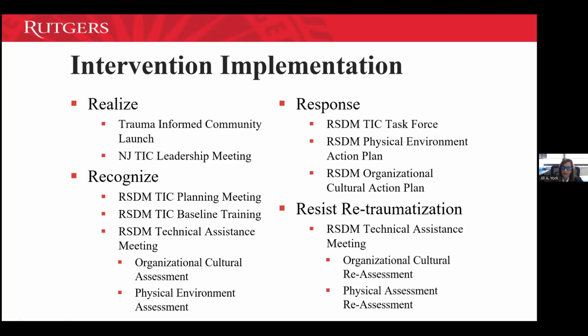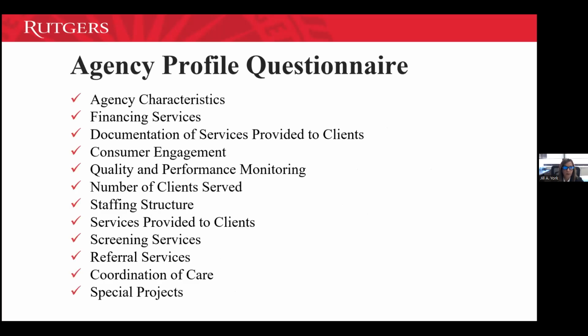We needed to recognize the signs and symptoms of trauma so that we can better involve them within our system. We needed to fully integrate the knowledge about trauma into our policies, procedures, and practices. And then we needed to set up this continuation so that we can resist re-traumatization in the future. And this is really what led our practice.